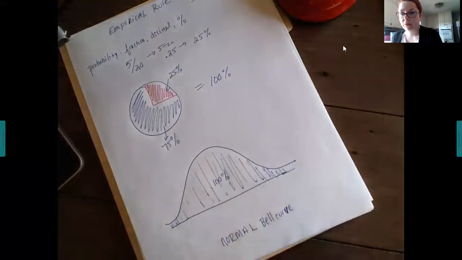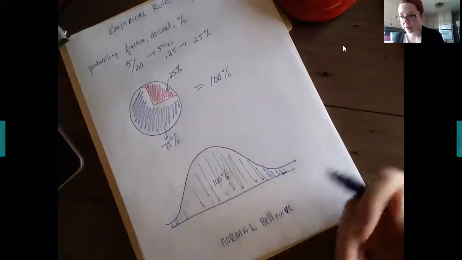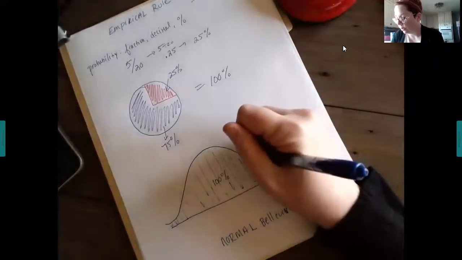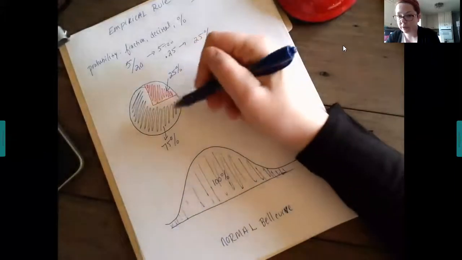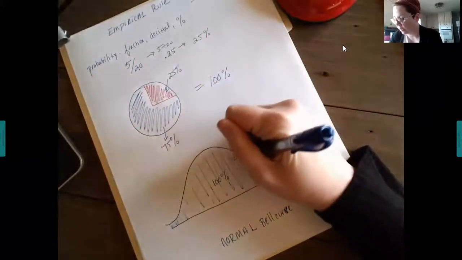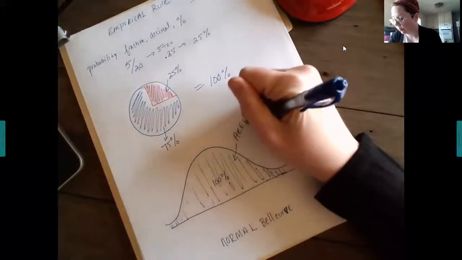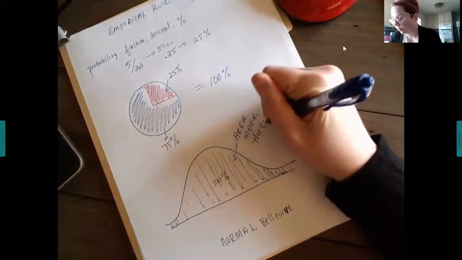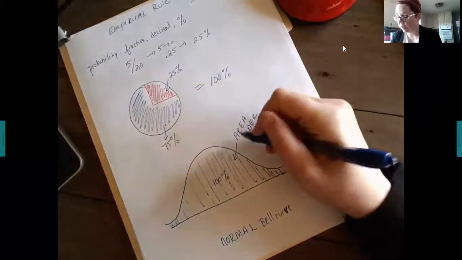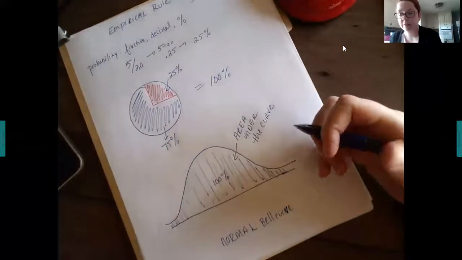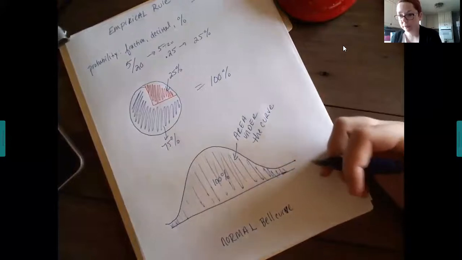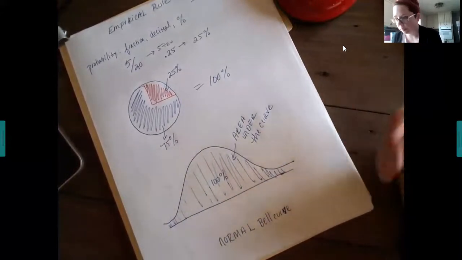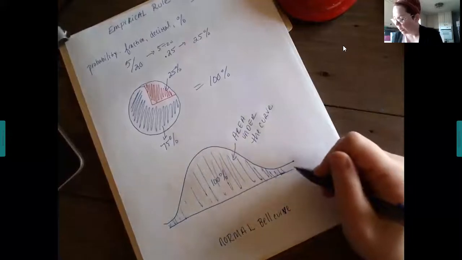And what they refer to that as, when we look up answers and we use values, rather than a shaded area in a circle, they call this the area under the curve. And that area is going to be a decimal value, and that decimal value is a probability. So we're going to use this to find probabilities, or percent, either way. Okay.